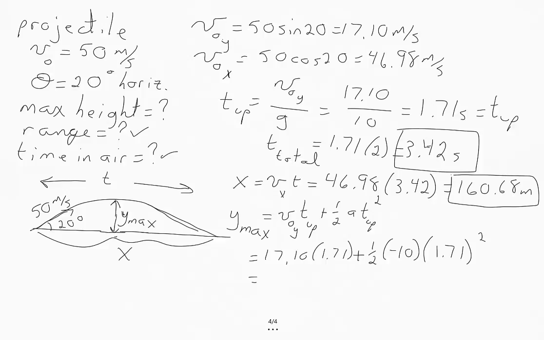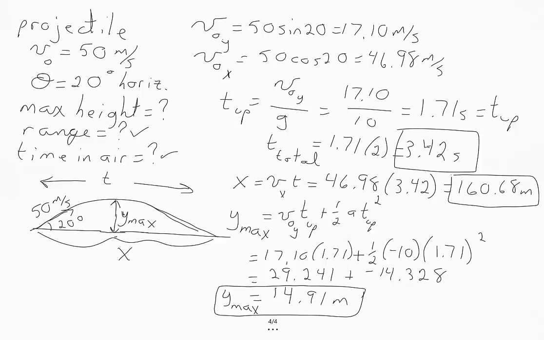So 17.1 times 1.71 is 29.241. 1/2 times a negative 10 times 1.71 squared is a negative 14.328. So the total maximum height that this projectile reaches is 14.91 meters.